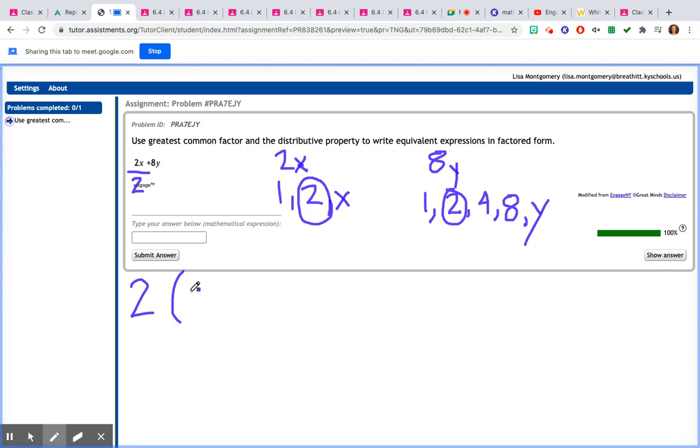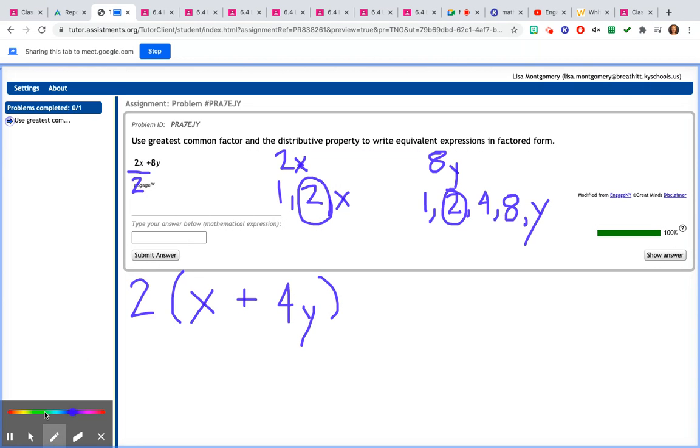That's 1x. So we leave off the 1 and we just write x, and then we're adding these two terms, and she said 8y divided by 2 was 4y. So that's what we were doing Friday, exactly that.